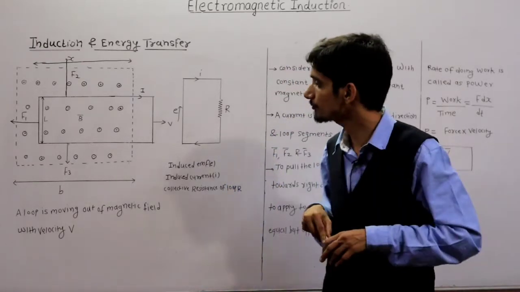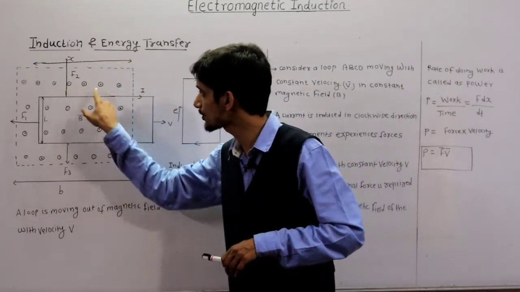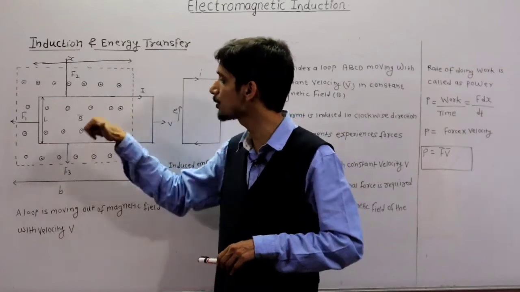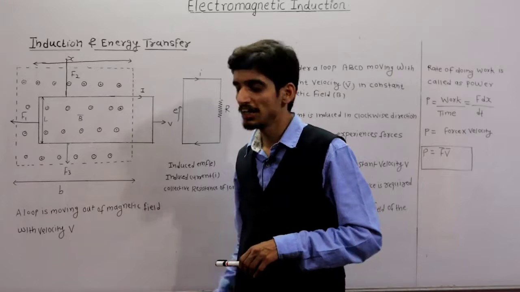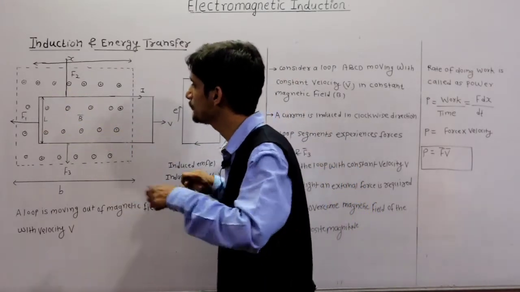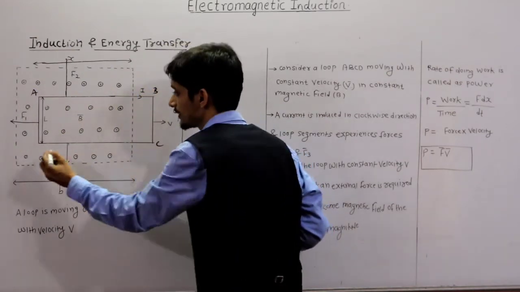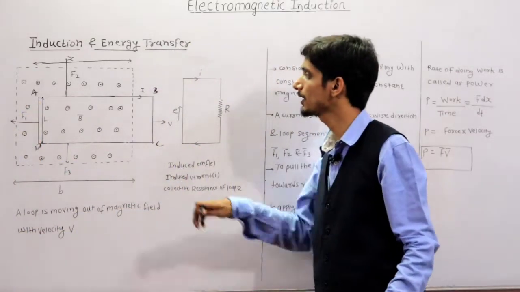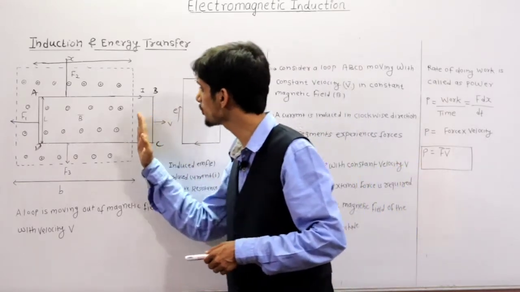Now listen here. Actually, these dots indicate a magnetic field, and that magnetic field is coming out of the paper, or out of the plane, like this. In this magnetic field there is one loop called ABCD.